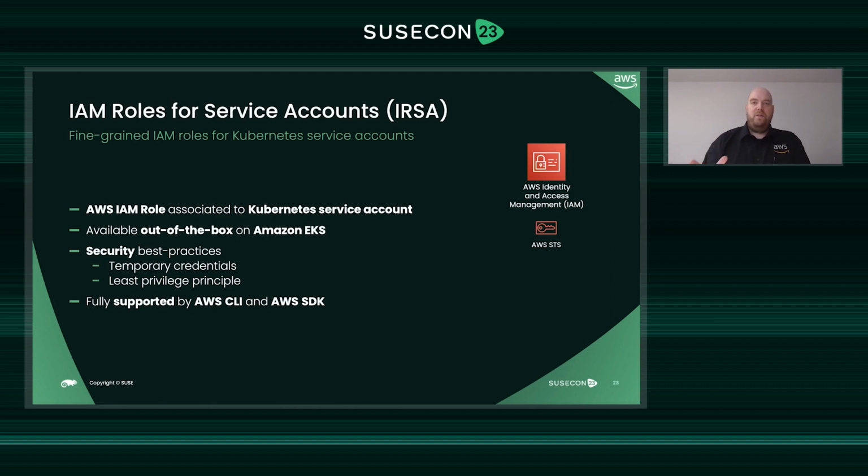It's available out of the box on EKS, and IRSA helps you to follow security best practices like short-term credentials and least privilege principles. And if you use the AWS CLI or SDK inside your pod to interact with AWS services, then it's fully supported to use IRSA instead of other credentials. So it's available in the CLI and SDK.